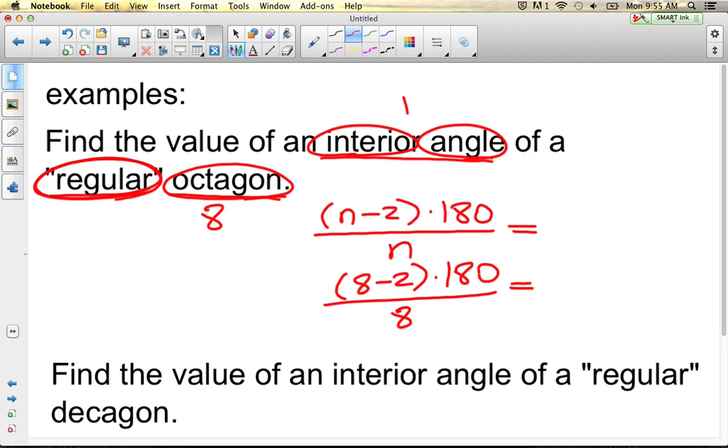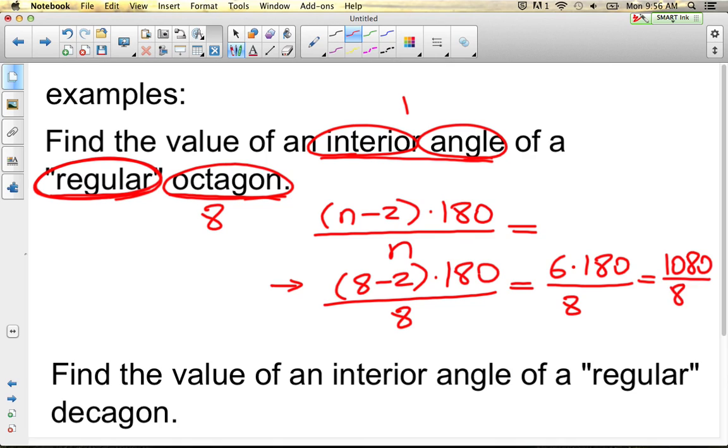So go ahead and solve everything in the numerator first. That's going to be 6 times 180. And what is 6 times 180? 1080.